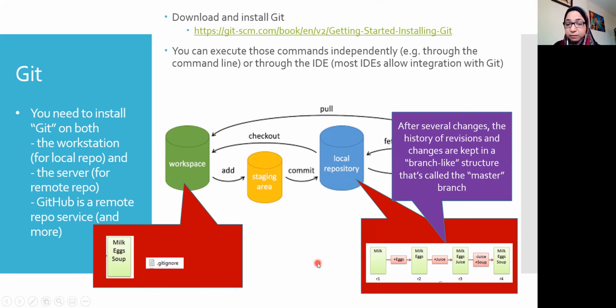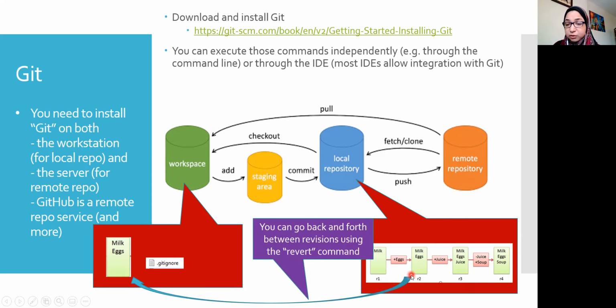Let's say we wanted to revert to R2. What happens is that it will take a copy of this revision and overwrite the working file. So that would be considered a change in the working file. Now we didn't lose R3 and R4. R3 and R4 are still there in the history.